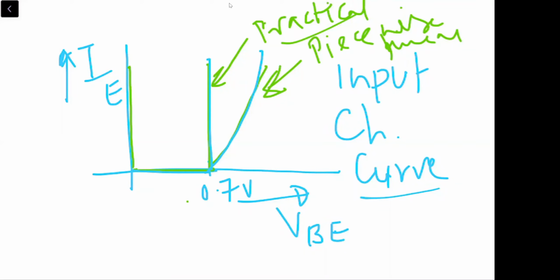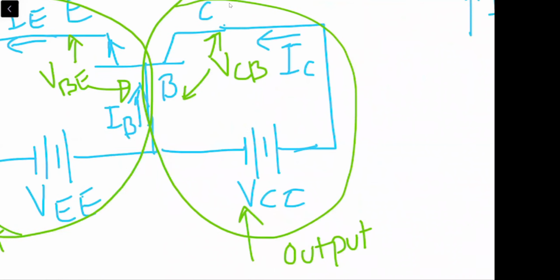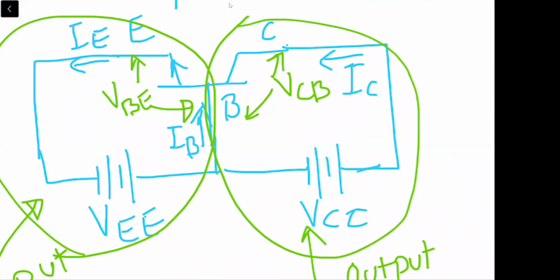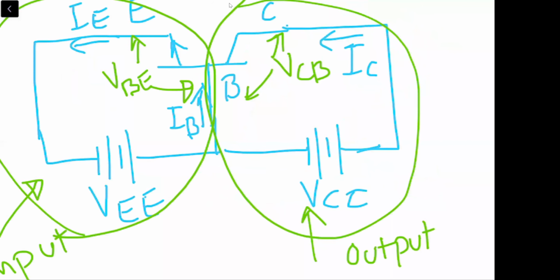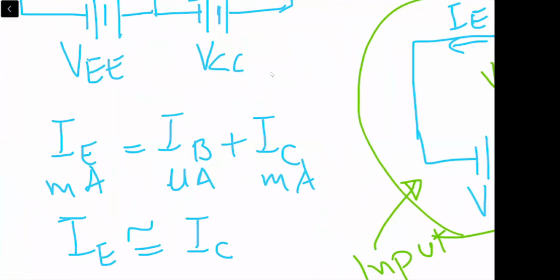Now if we go towards the output side, we have this circuit, which is the output side of it. We have IC as the output current and VCB as the output voltage, as well as we also know this thing that we previously discussed, that IE is equal to IB plus IC.